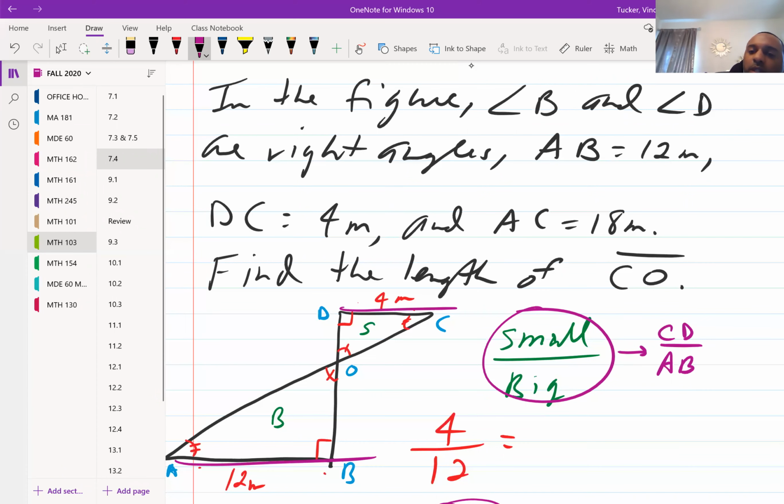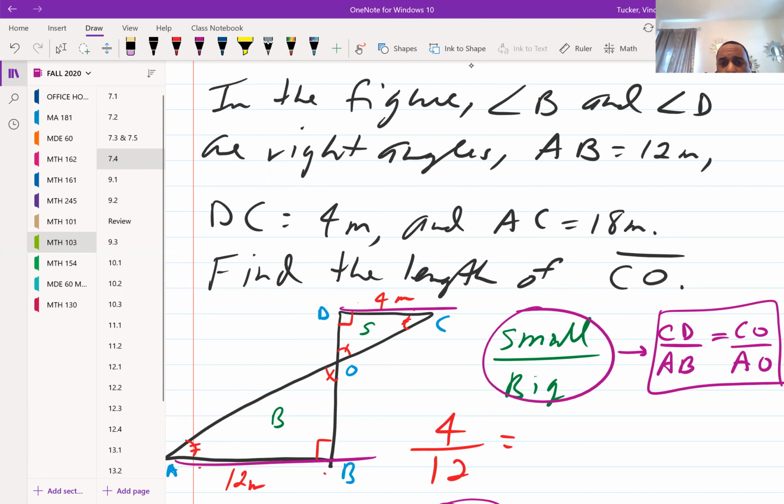And then I want to know the length of CO. So what I would do is use CO, which is right here, and that corresponds to AO. So this is the proportion I'm going to use to set up.